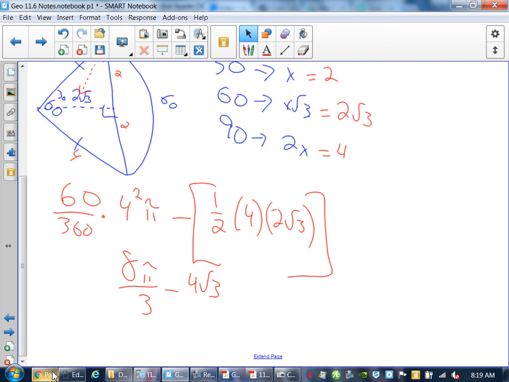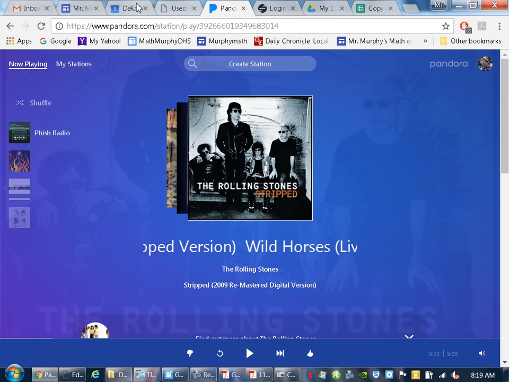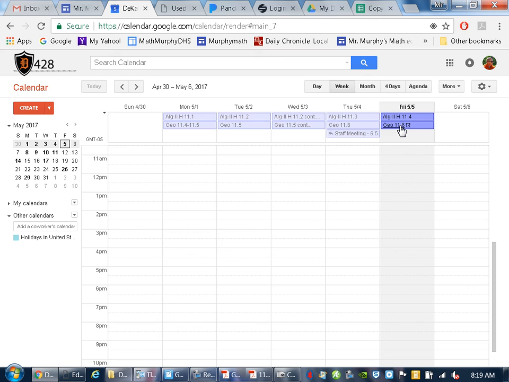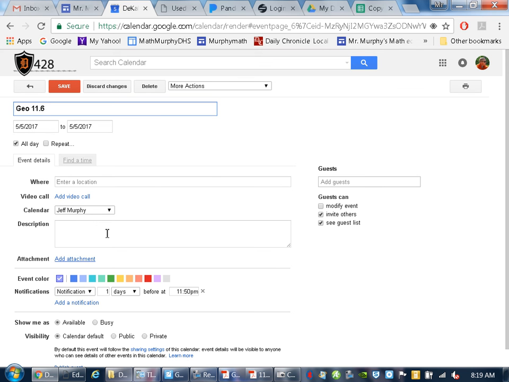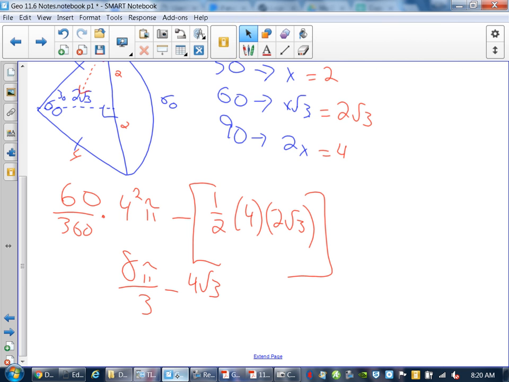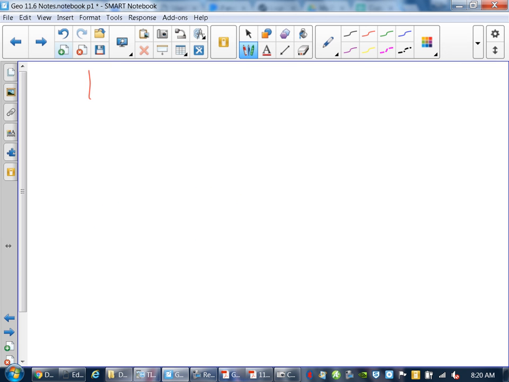All right, let's see here. I thought I put this on the calendar already. I did not. So let's do this. Just do this all on a separate sheet of paper. Basically, add this to the paper you started last night.